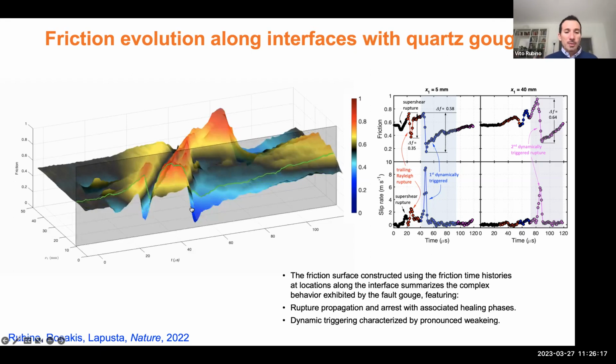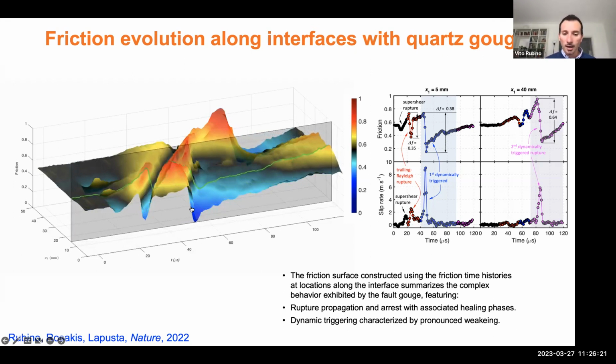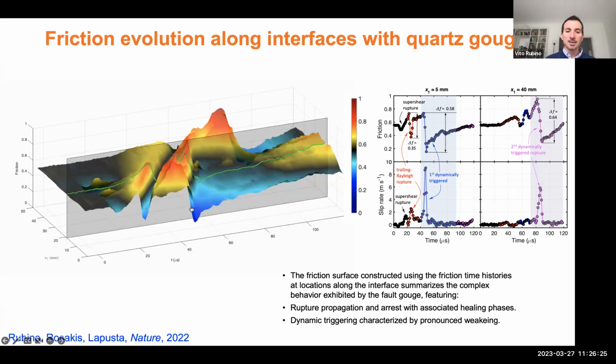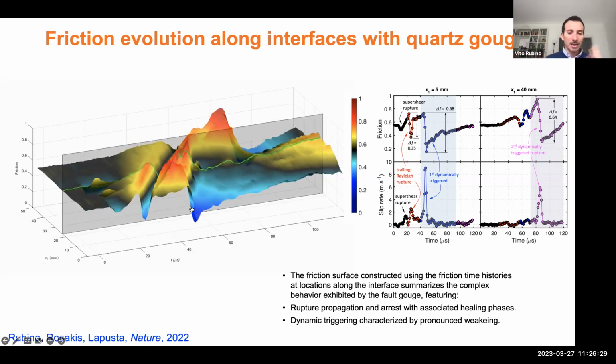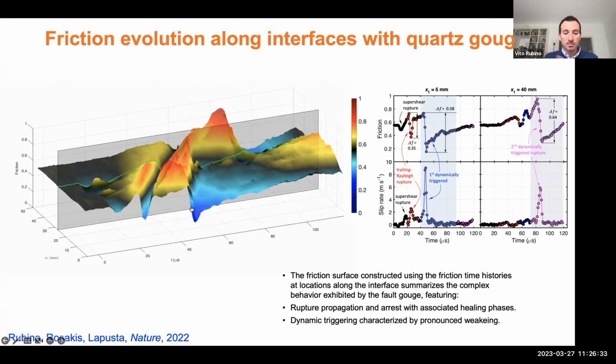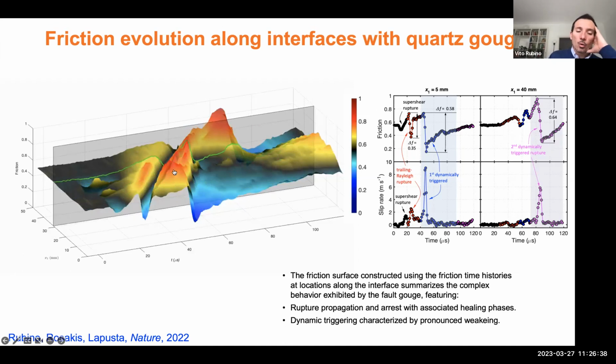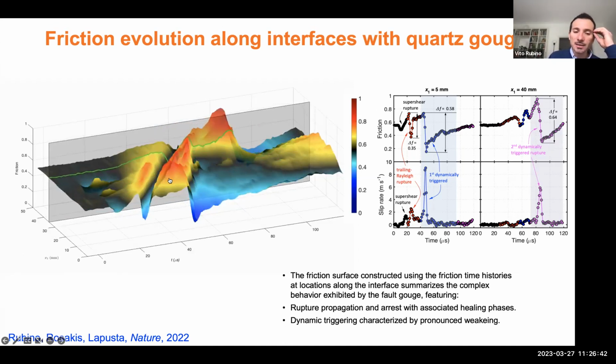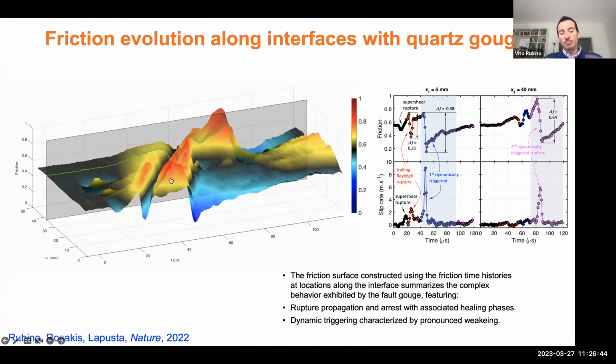A few remarks here. One is that we have come a long way from simple linear slip weakening models, and even from rate and state. There is a more complex topography, which is obtained by combining rate and state and various other enhancing mechanisms such as flash heating that produce this richness in behavior. What you see here is these peaks in red are locations where we have pronounced strengthening and where ruptures are arrested.